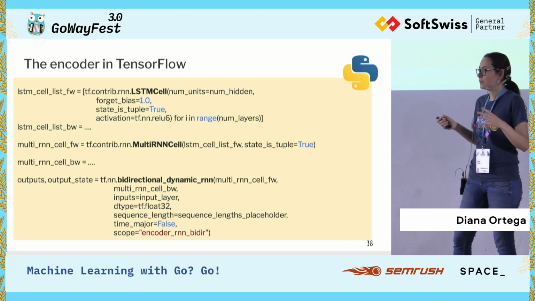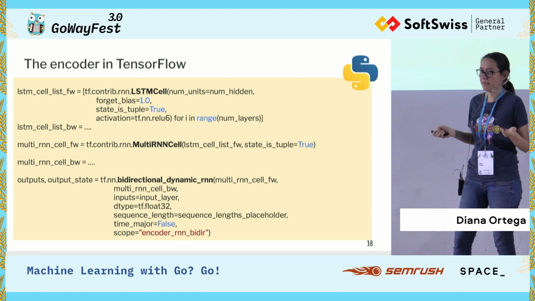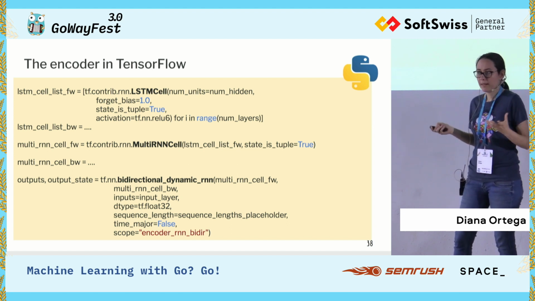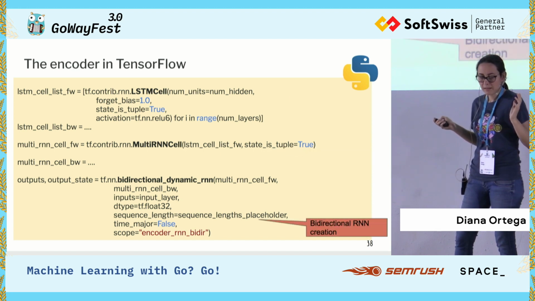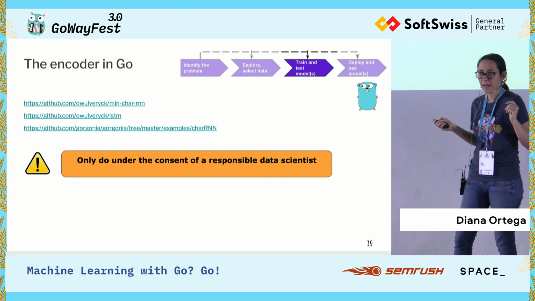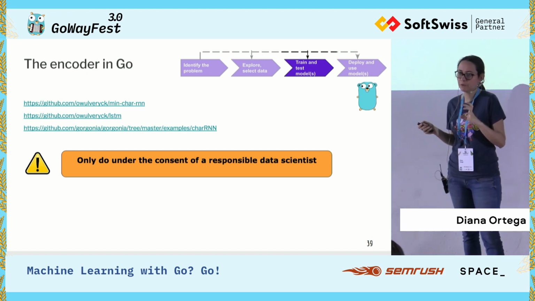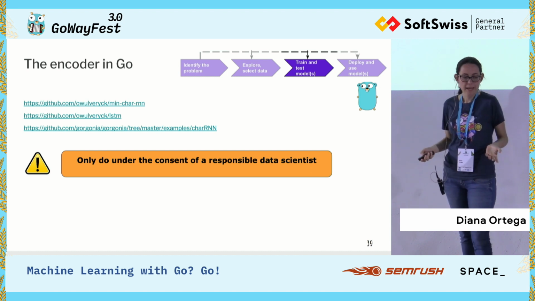But I used not a unidirectional, but a bidirectional RNN. So it's more complicated. I'm going to try to do the same thing in Go, in Gorgonia. And I couldn't. I couldn't find an LSTM, the basic function to create my architecture for the neural network.